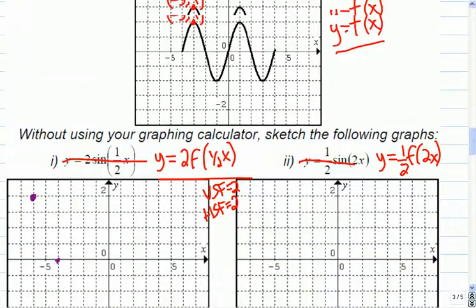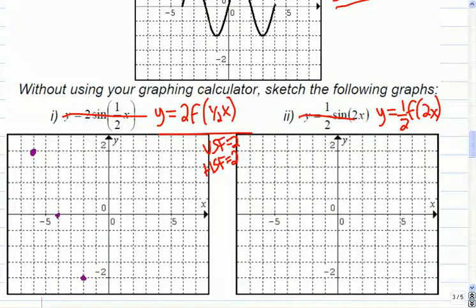There's another point, it looks like it's at 1, 1, so that'll be up at 2, 2, and 3, 1 is now going to be at 6, 2, and last one will be up here.